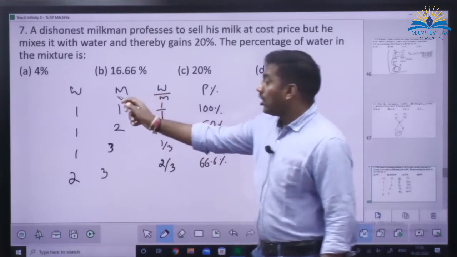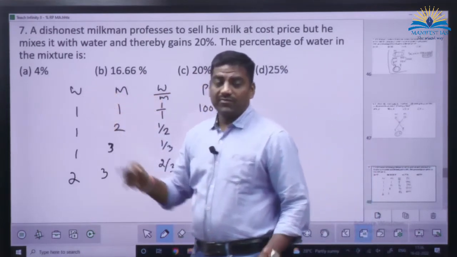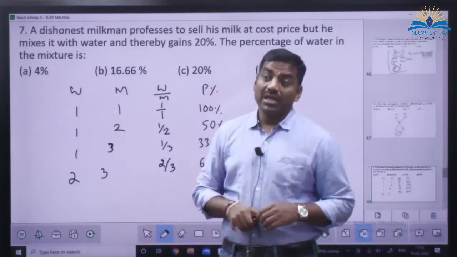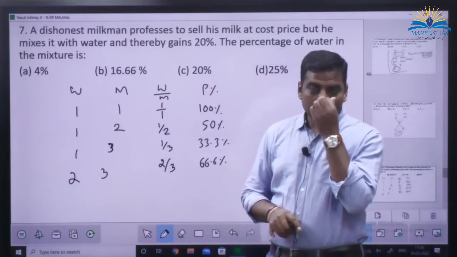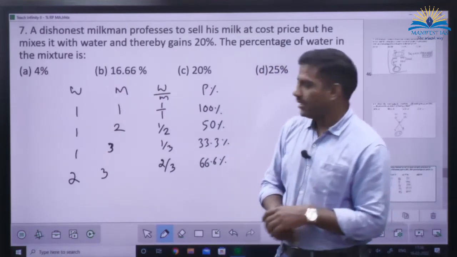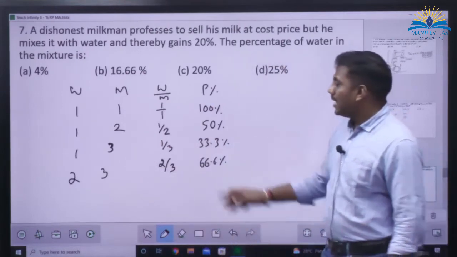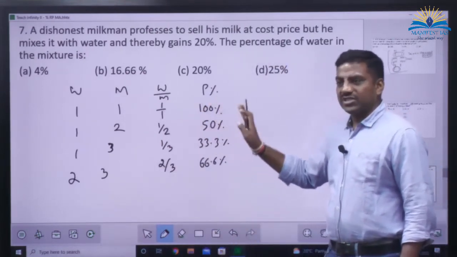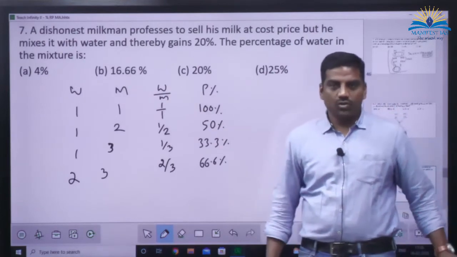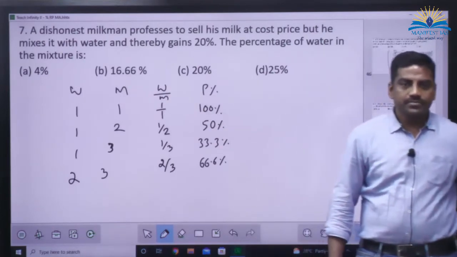Just the order is important. W should come first. Generally we write milk first. We should not do that. Write water first, then milk. Because this is W/M. So profit percentage is just the conversion of this fraction into percentage. That's it. Okay. Fine. No problem.